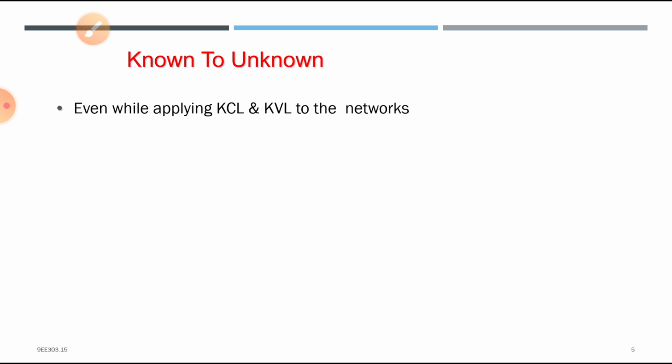Even while applying KCL and KVL to the networks, the number of simultaneous equations to be handled becomes more when the network is complicated and increased. As we have seen, this number of equations has increased when network branches increase.